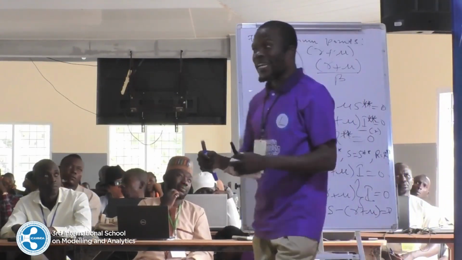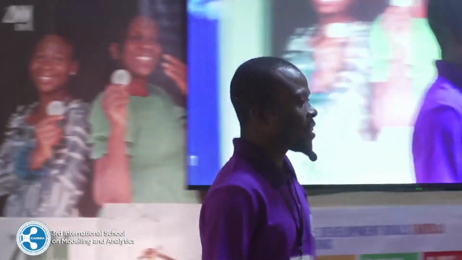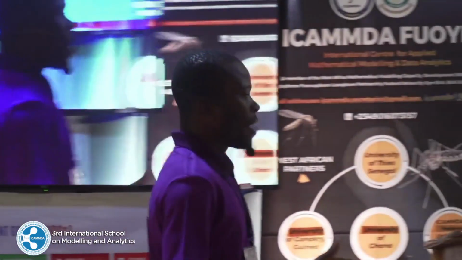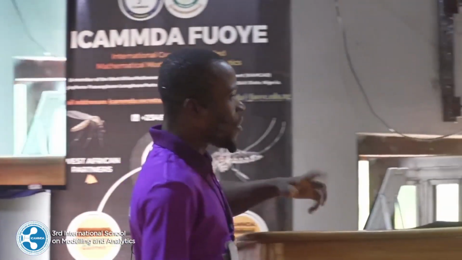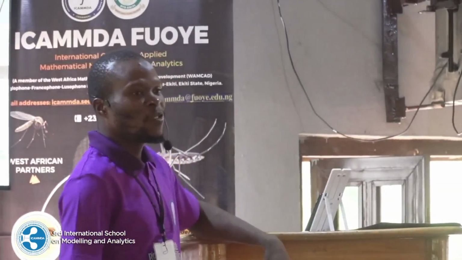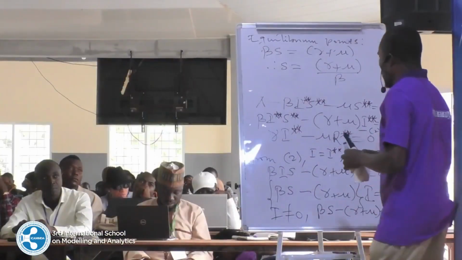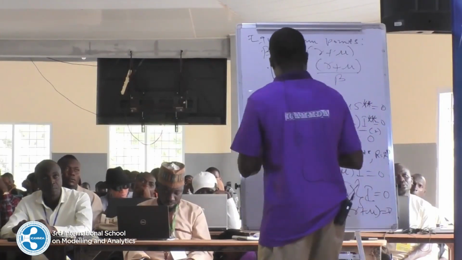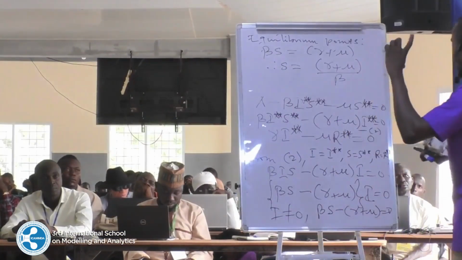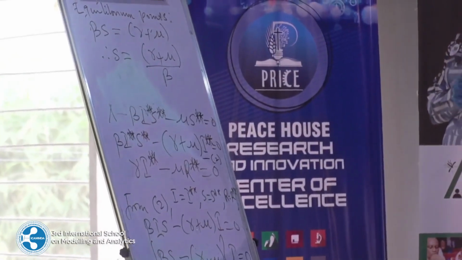But this is not the case for every compartmental model. When the model becomes complex, in most cases, you won't be able to get your solution explicitly in terms of the model parameters. Okay? So, since we know that I is not equal to 0, I can get my I. Where do I have I and S?